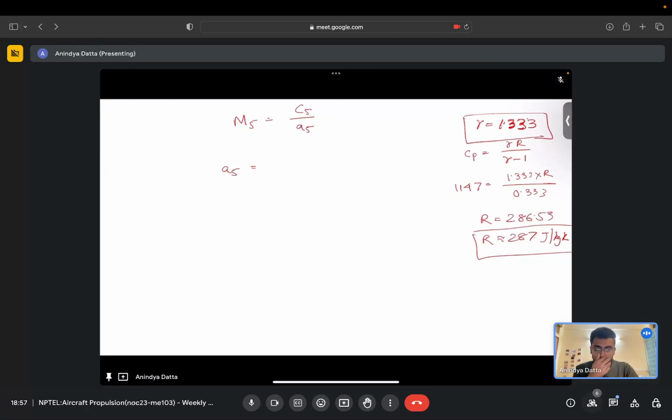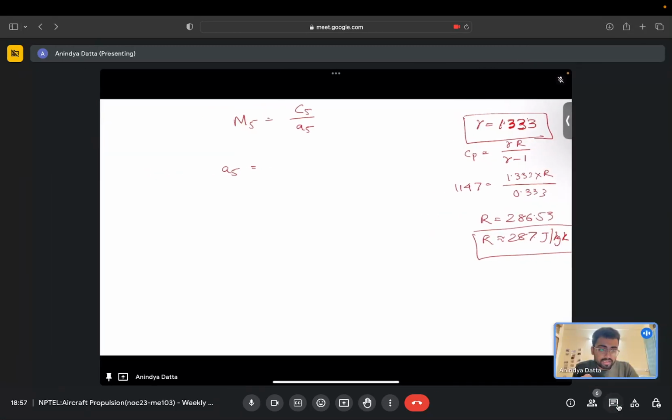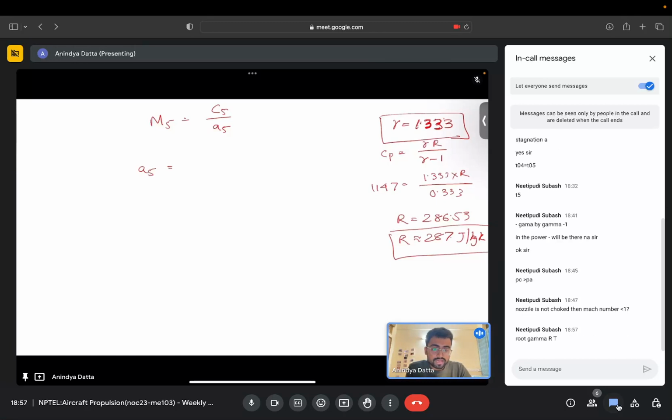So we know R, gamma and temperature. Can anyone compute and tell me the value of the speed of sound and the Mach number? You know everything. The speed of sound is the square root of gamma times R times temperature, right? Just compute and tell me what value you are getting.